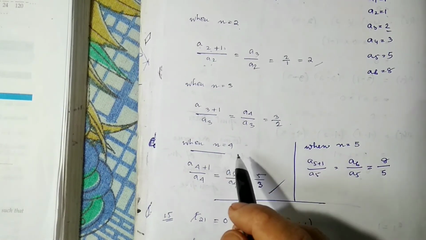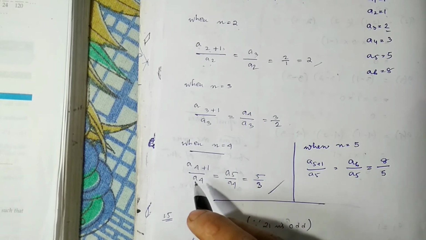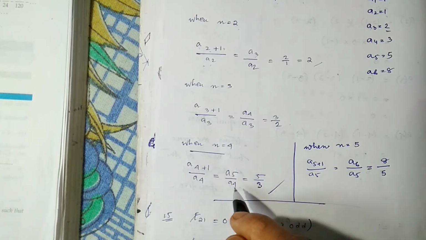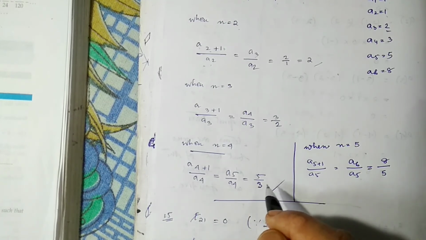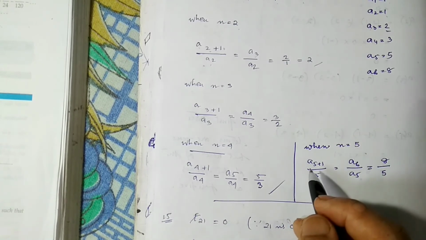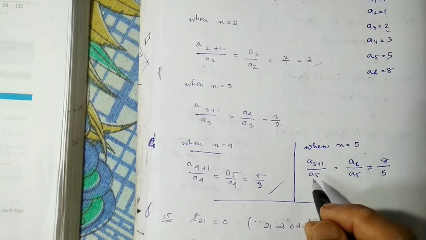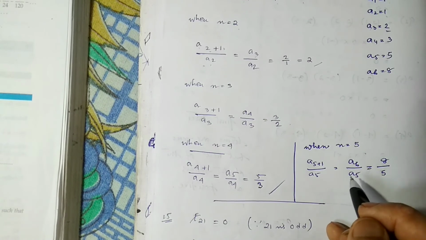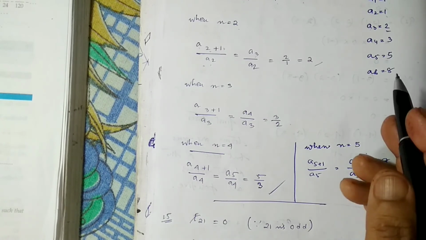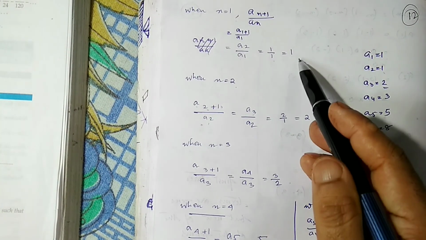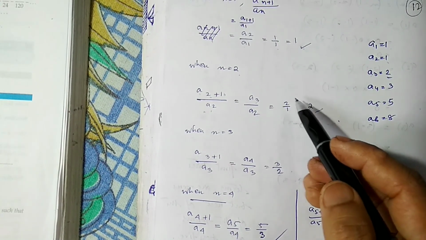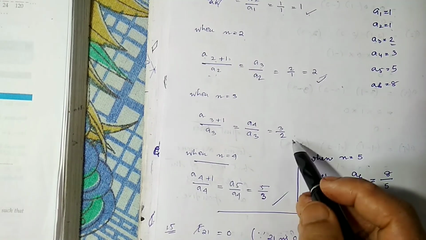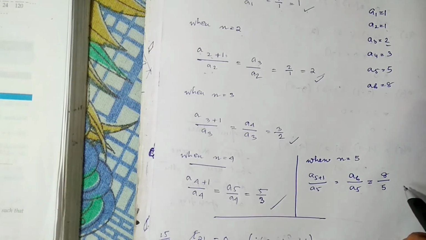If n is 4, a4 plus 1 by a4. That means a5 by a4. It will be 5 by 3. And when n equals 5, it will be a5 plus 1 divided by a5. That means a6 by a5, it will be 8 by 5. So the required answer is 1, then 2, then 3 by 2, 5 by 3 and 8 by 5.